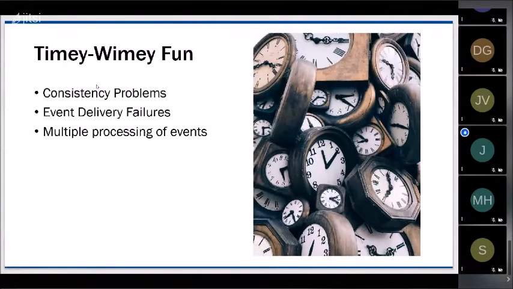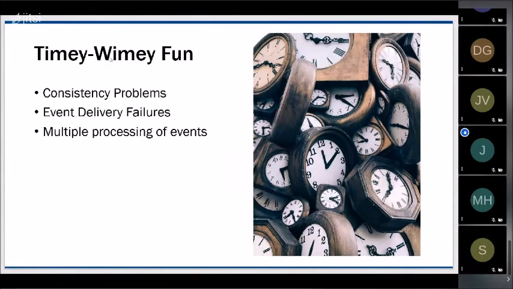But in event land, that doesn't necessarily work, because after you send that event to your message broker, you don't know when that event's going to get processed. So you can't just go and grab the latest version, because that version is going to be out of date. And in some cases, it's going to be out of date very quickly.